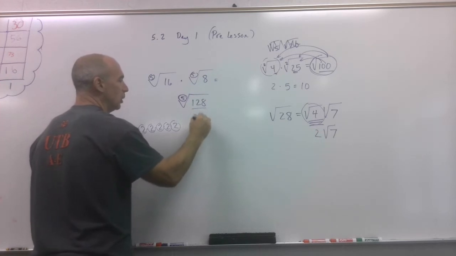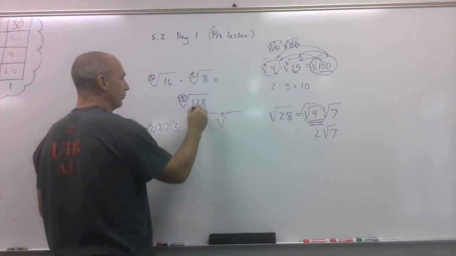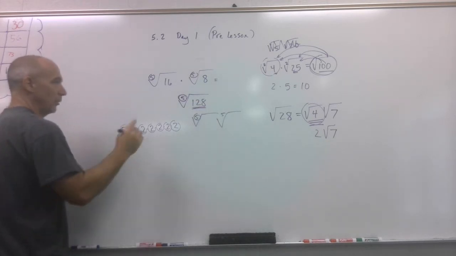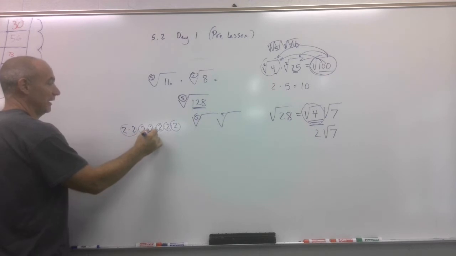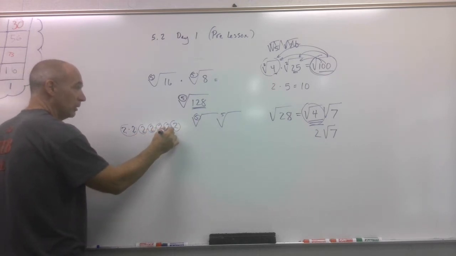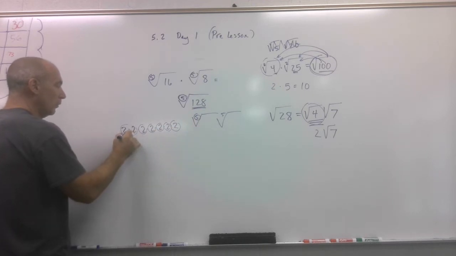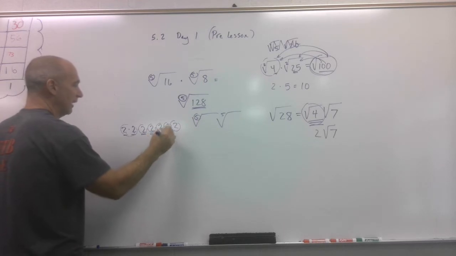If I take that thought, this is old stuff review, apply it to some more challenging stuff. What is the largest perfect fifth power that goes into 128? Now watch this. 2 times 2 is 4, 4 times 2 is 8, 8 times 2 is 16, 16 times 2 is 32, 32 times 2 is 64. So look, 1, 2, 3, 4, 5.